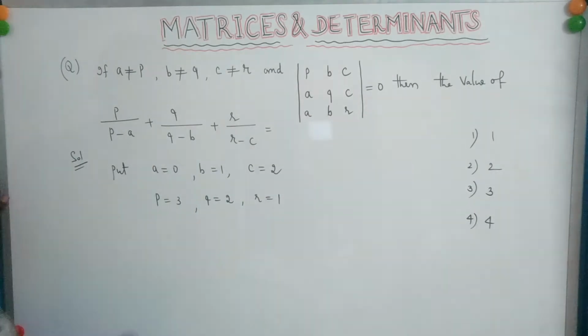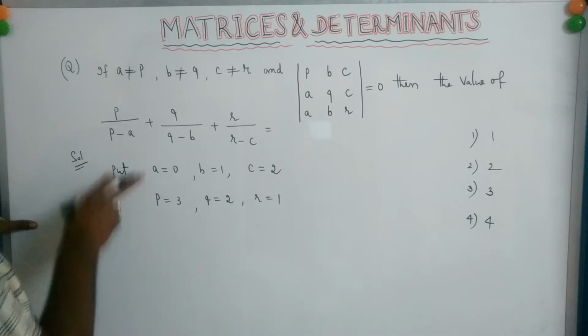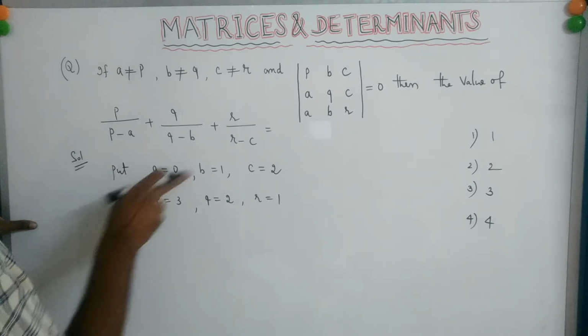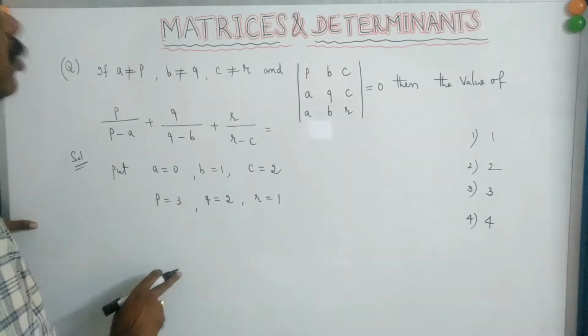Now here the standard values according to the given conditions: A not equal to P, B not equal to Q and C not equal to R.